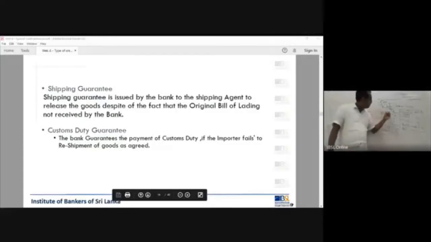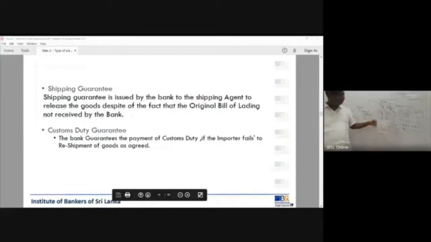Like original document says users, sorry, copy document says users, original comes as site. I have given the goods, I have taken a bill of exchange. But as soon as this comes in, I need to pay. Then again, I am at a risk.